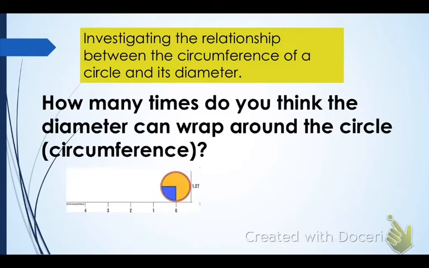So, if we have a picture of a circle, and we unwrap it, it will continue to unwrap until about pi. So the diameter of a circle can wrap around the circle about pi times. So that's where pi comes into play.